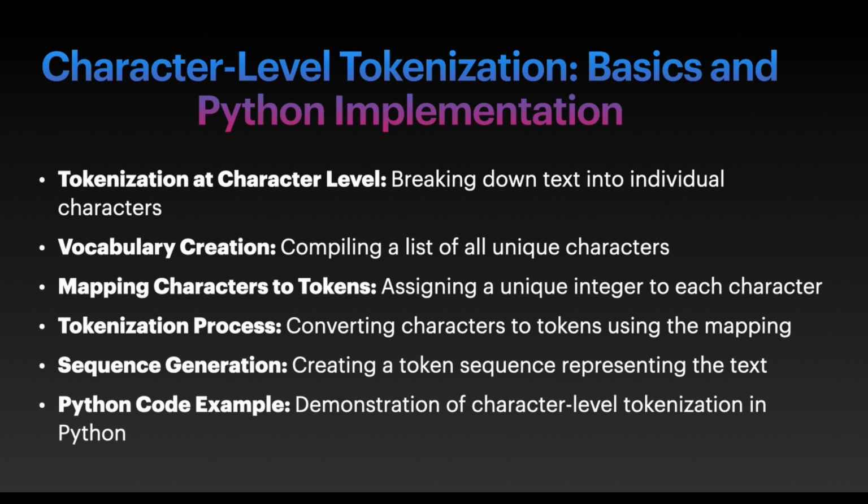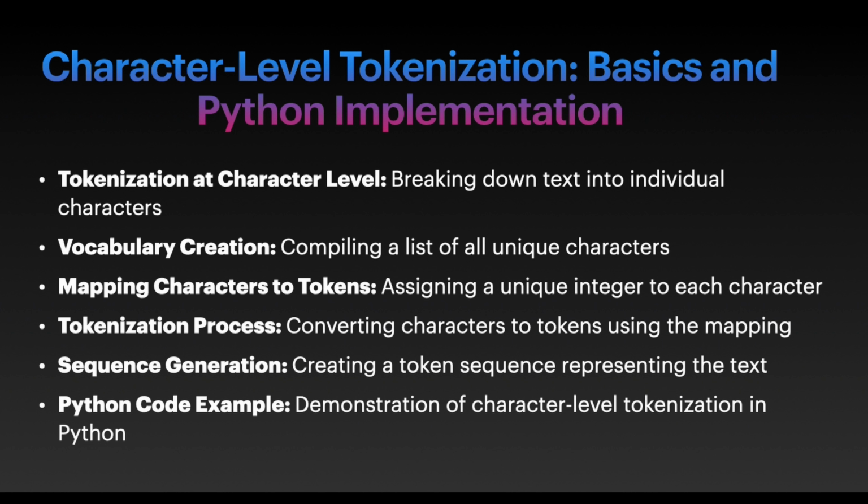Unlike word-level models, the vocabulary here is simple. It includes all the characters present in your dataset. There is no need for complex splitting or stemming techniques. We assign a unique numerical ID to each character in our vocabulary. This establishes a code that the model can use to translate text into machine-readable sequences.